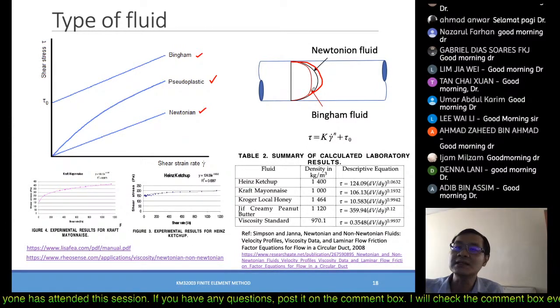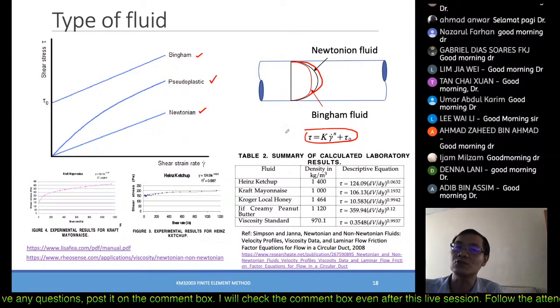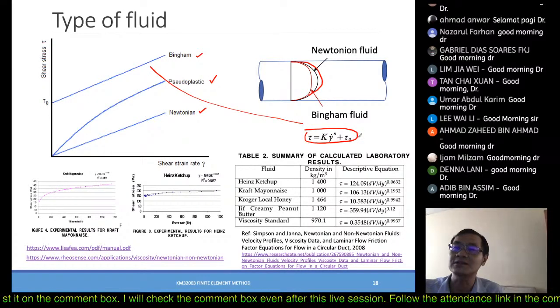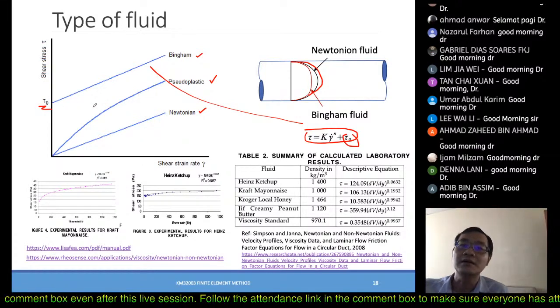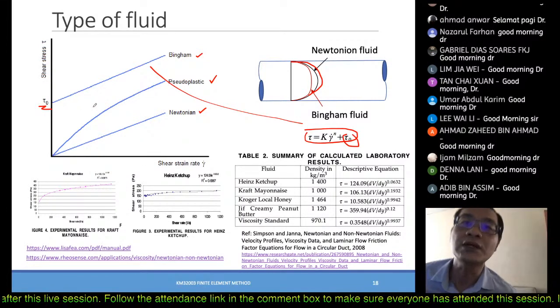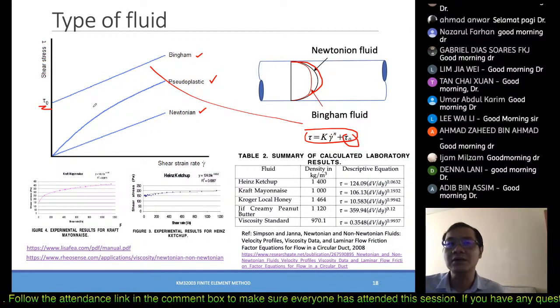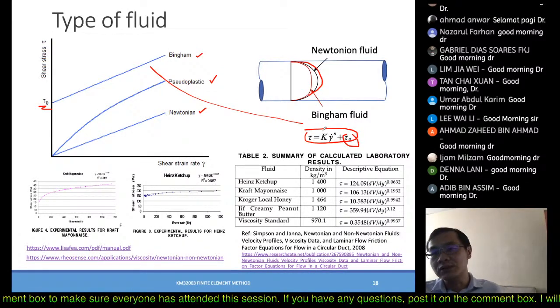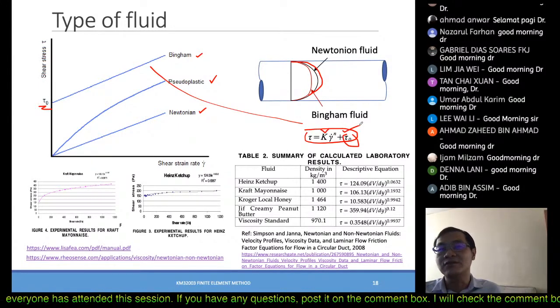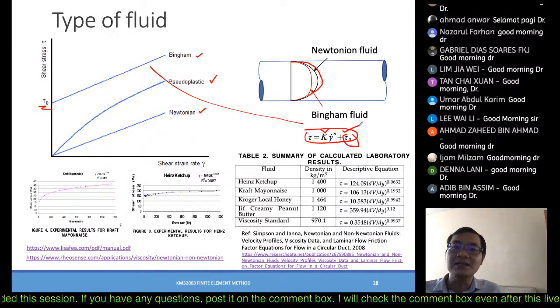This profile can be characterized by these equations, where this tau naught is given by this. These figures also come from the LISA FEA, because they want to tell you that they can input this one and this one, and from there they will analyze accordingly.